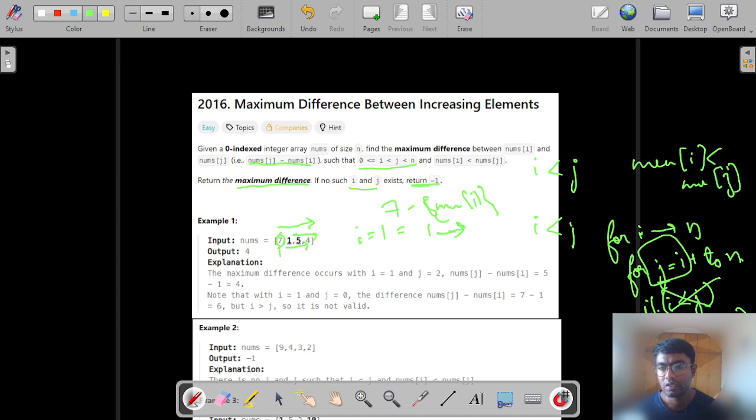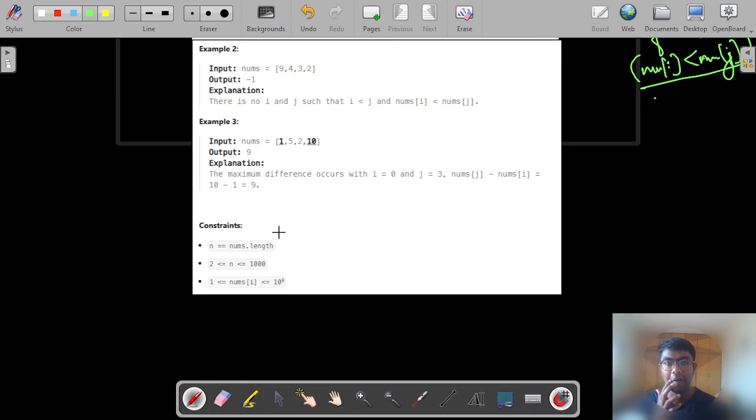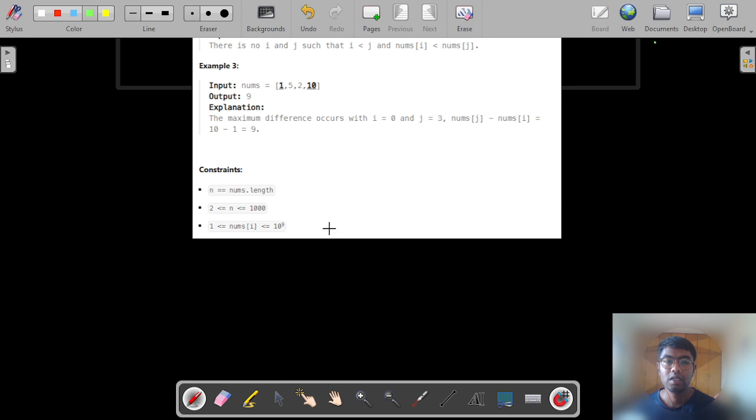With this condition, we can keep track of a max difference, and constantly check Math.max. Okay, so that's the whole idea. We can obviously look at the example too, but it's more or less the same.